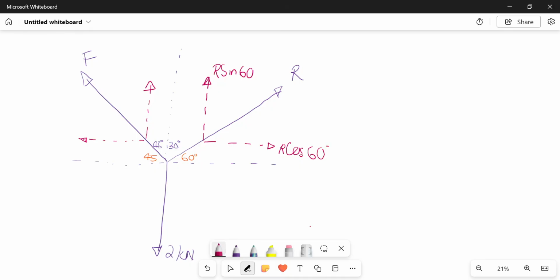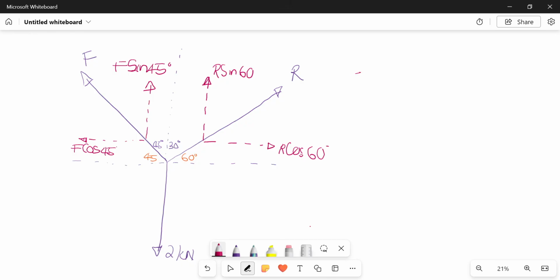Then we come to this side, opposite, adjacent, so this would be F cos of 45, and that would be F sine of 45. Right, then next step, once you have your components, you are going to equate the sum of the vertical forces to 0 and solve for that, and then equate the sum of the horizontal forces to 0 and solve for that.